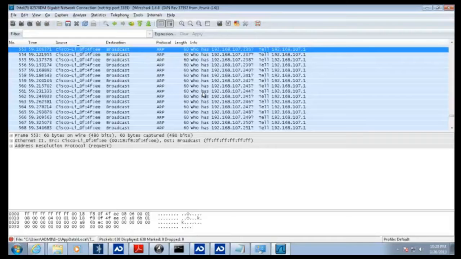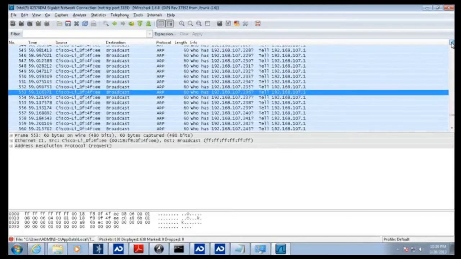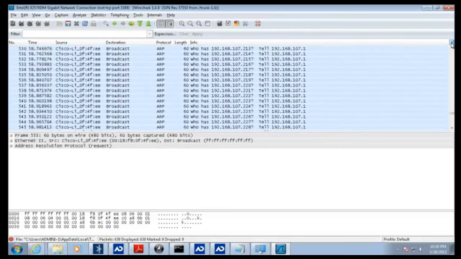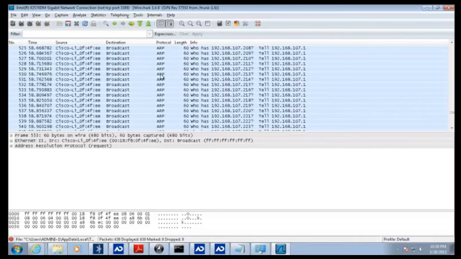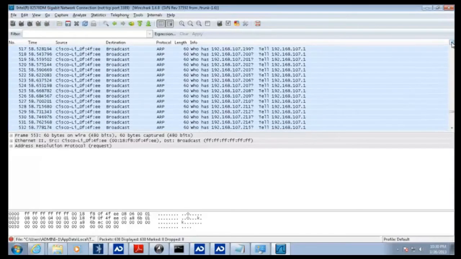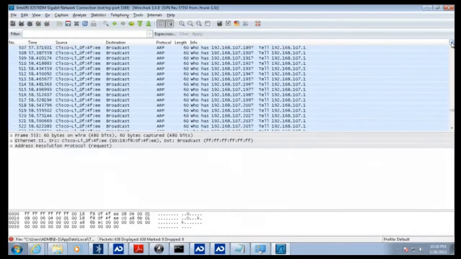So on the remote network, if a ping sweep is happening, you see all these ARP broadcasts, and in this case they're consecutive because that's the way SuperScan does it. Other tools don't do them consecutively. They jumble the order, which makes it a little harder to tell what's going on. But when you see a lot of ARPs like this, you should think, looks like some sort of ping sweep going on here.